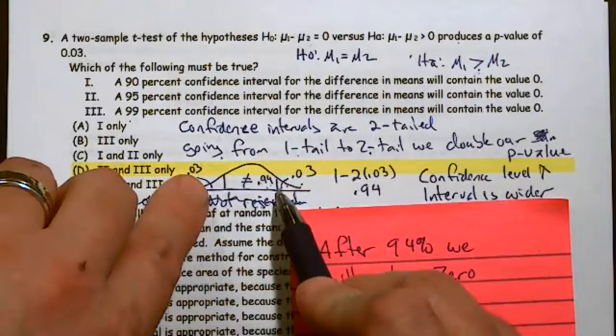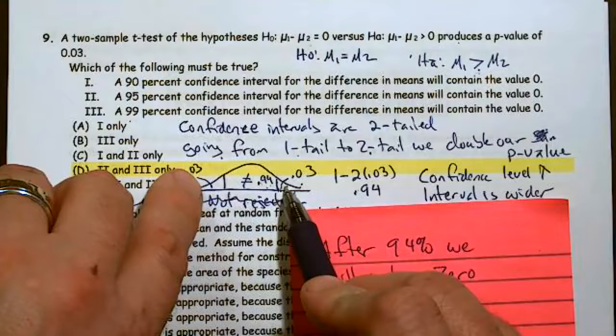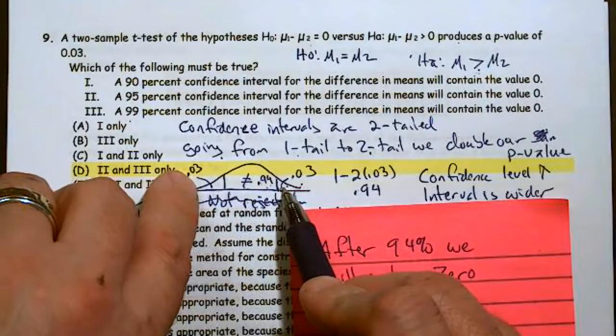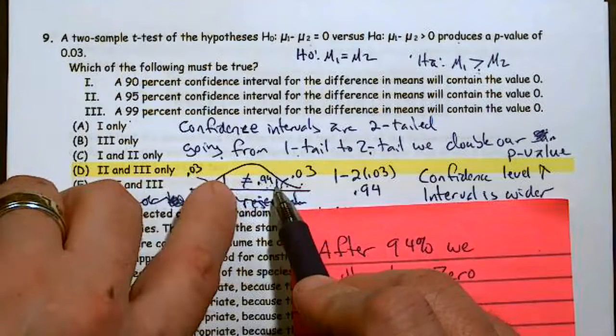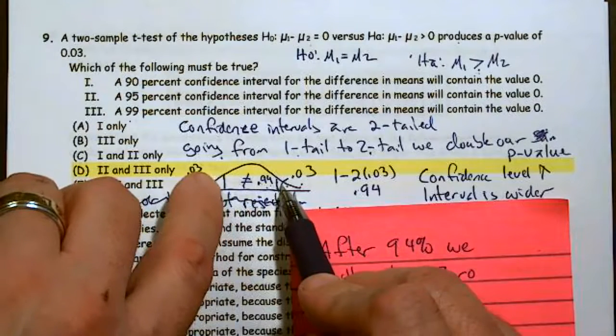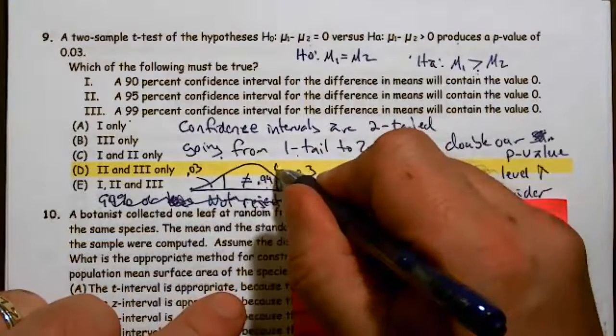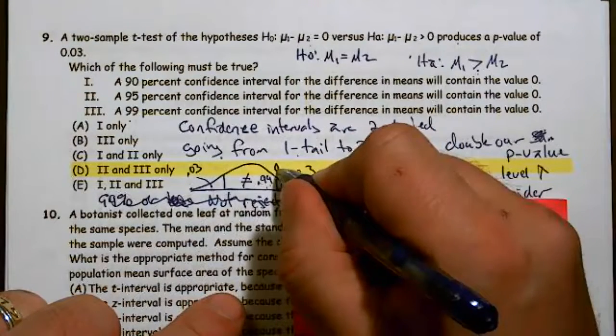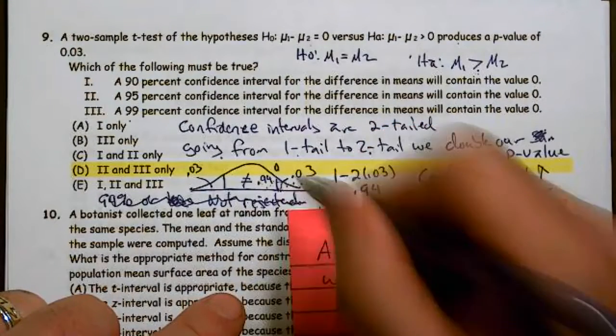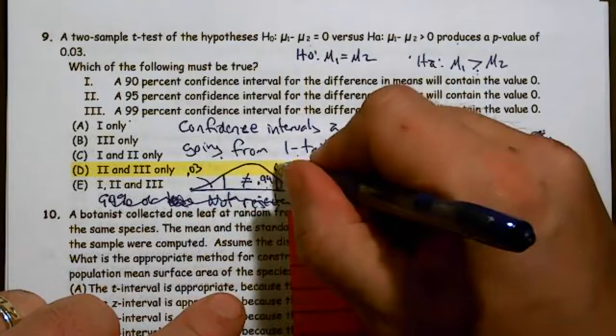As we move further out, our confidence level increases, but we get wider and we're going to contain 0. So basically 0 existed here. As long as we didn't cross that, we did not contain 0.